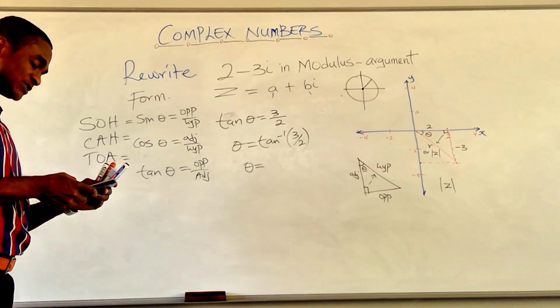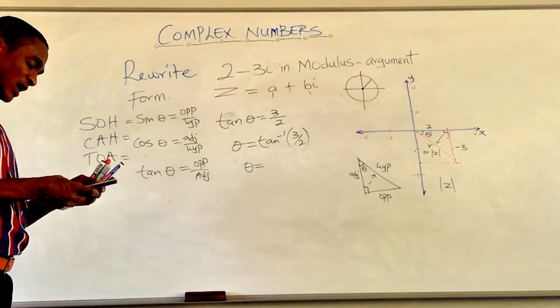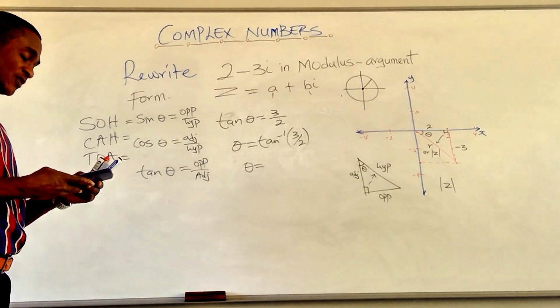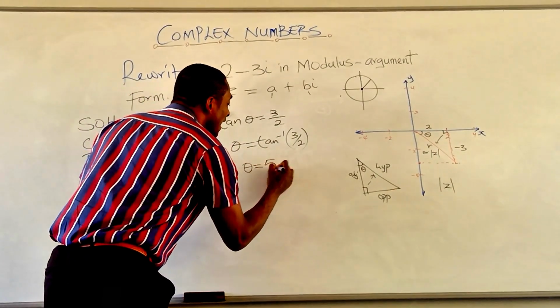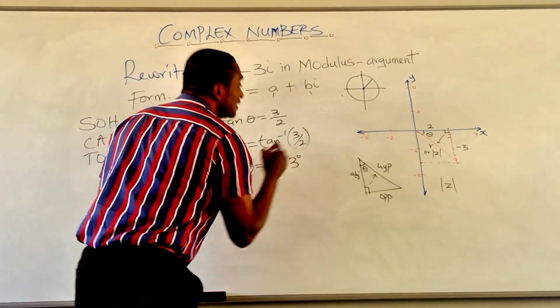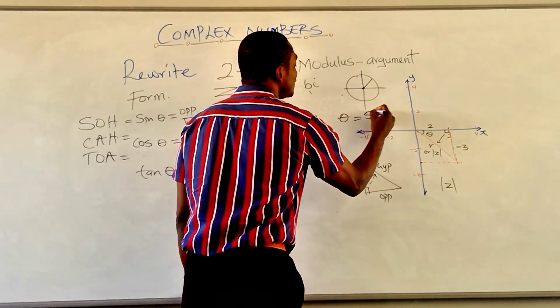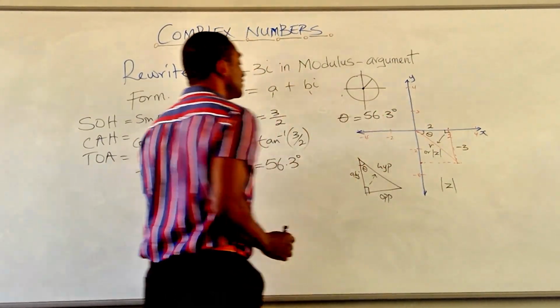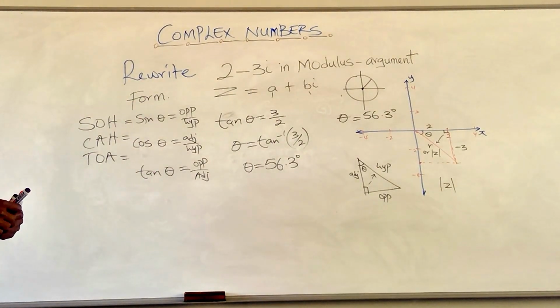So the inverse function of tan of 1.5 will give us 56.3. So our argument is 56.3 degrees.